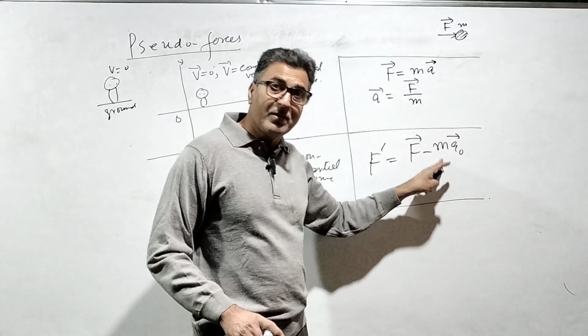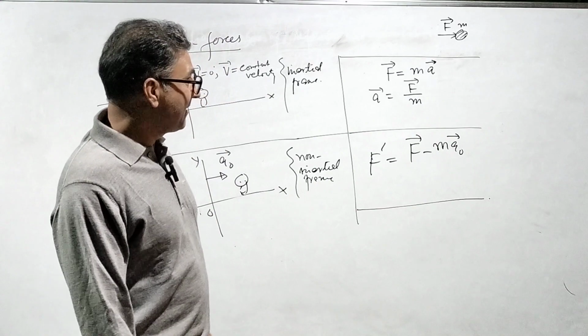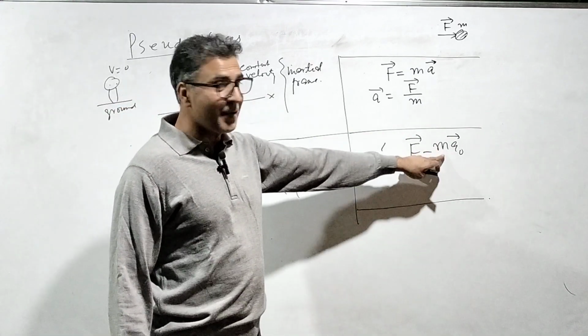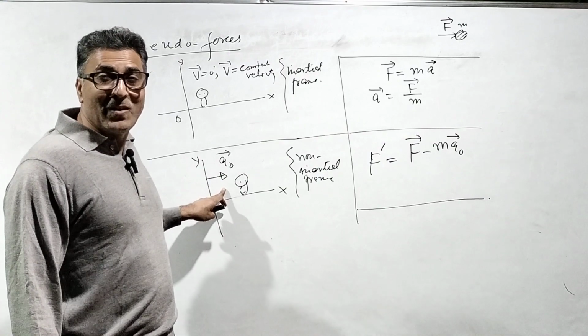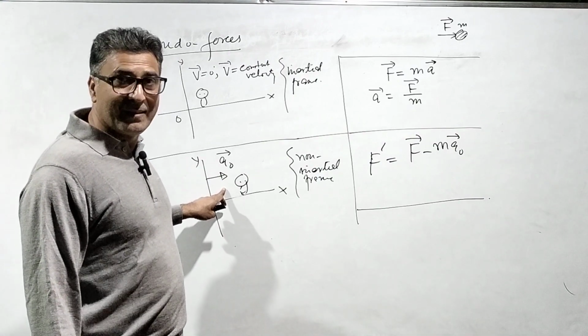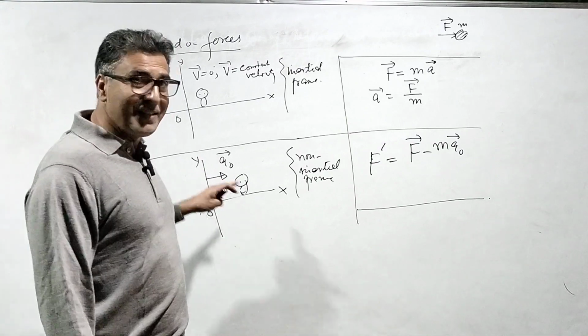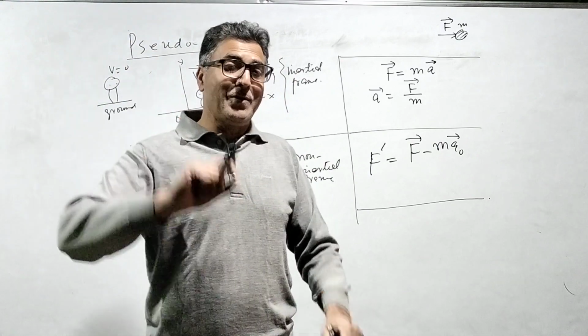But he observes this much of force. Where does this force come from? It is because of his frame of reference, the non-inertial frame of reference. He is in the non-inertial frame of reference, and he feels there is an additional force on an object.